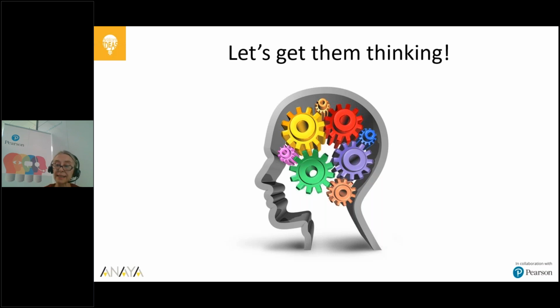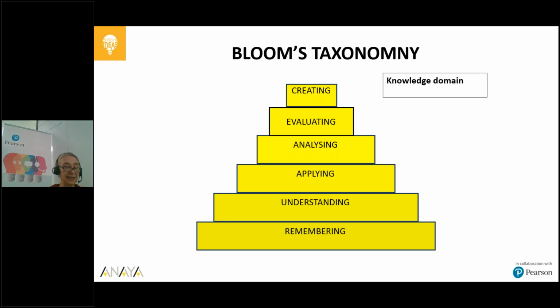It looks at thinking skills in terms of the complexity of thought. It's generally presented as a pyramid. At the bottom of the pyramid, we have the lower order thinking skills: remembering, knowing knowledge, understanding and comprehending something new.